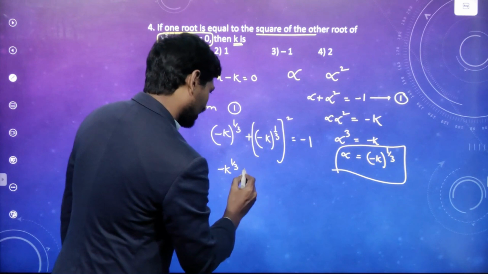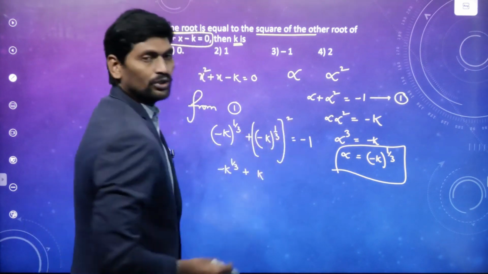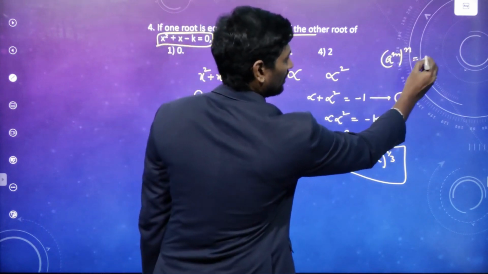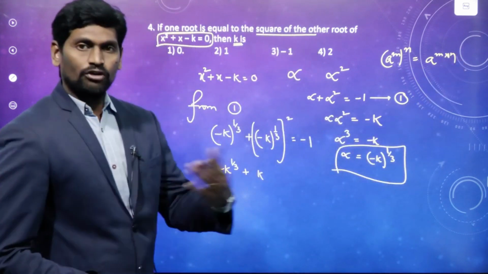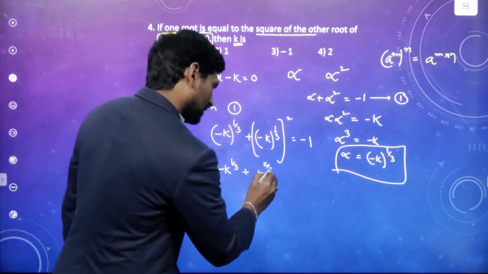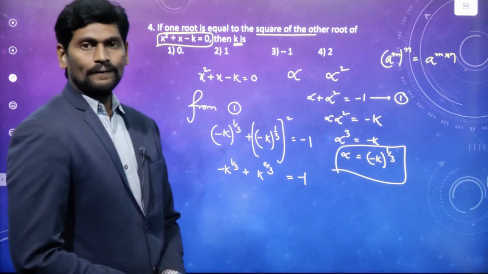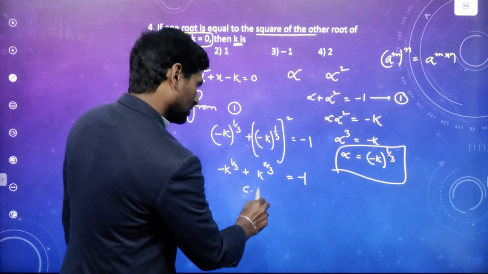But here the power is even, so minus becomes plus. It is the a power m whole power n formula, a power m into n, so k power 2 by 3, minus 1. Now cubing on both sides.